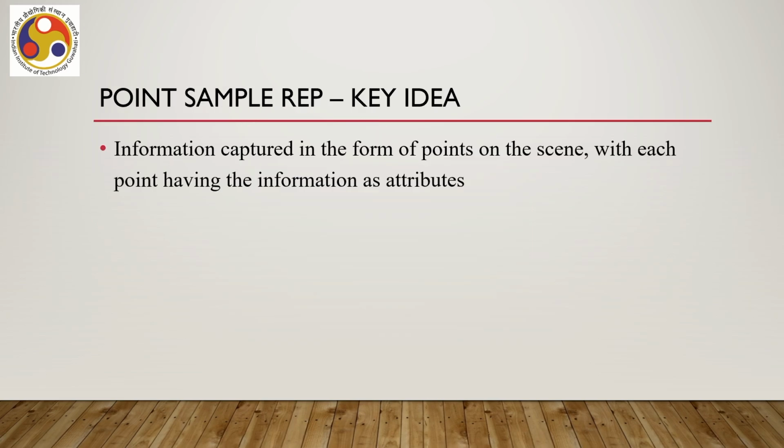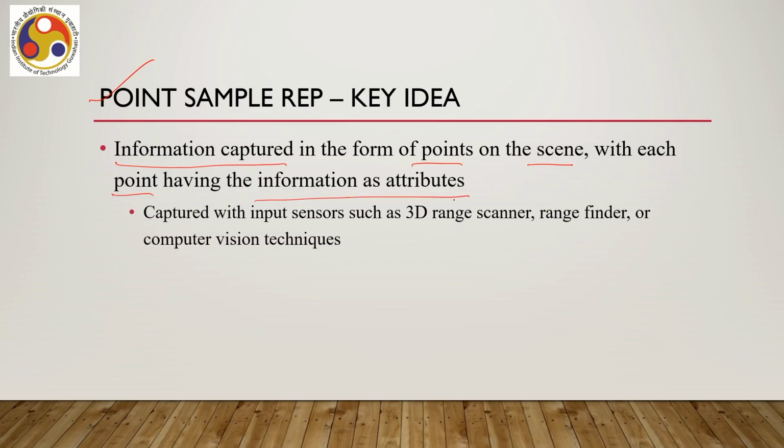So, point sample rendering is the simplest of all. Here the information captured is in the form of points on the scene, with each point having the information as attributes. Now, the capturing of such information happens with input sensors such as 3D range scanner, range finder or computer vision techniques.